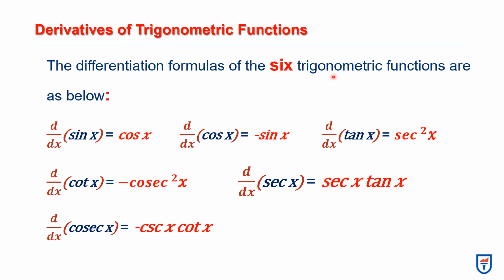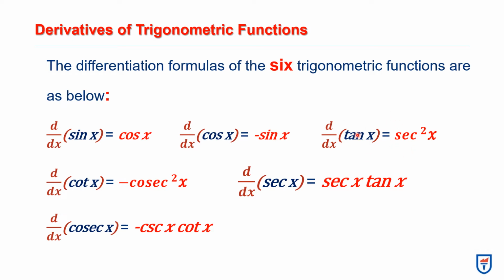So the derivatives of the 6 main trigonometrical functions are as follows. The derivative of sine x is equal to cos x. So the derivative of any sine x will give us cos x. And the derivative of cos x is equal to minus sine x.